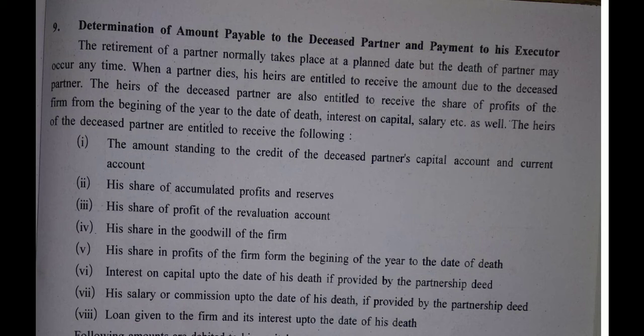Every important detail in relation with partnership form is mentioned in partnership deed. Yes? Then his salary or commission up to the date of his death, if provided by the partnership deed. Loan given to the firm and its interest up to the date of his death.